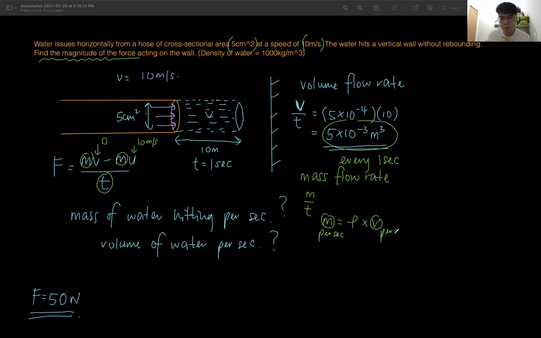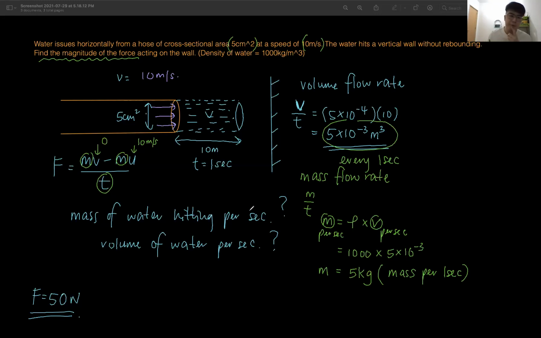The density doesn't change. So 1000 times 5 times 10 to the minus 3. What do you get? 5 kg. This is the mass flowing out per second, the mass flow rate. Every second, 5 kg of water is hitting the wall. The next second, another 5 kg, and the next second, another 5 kg.